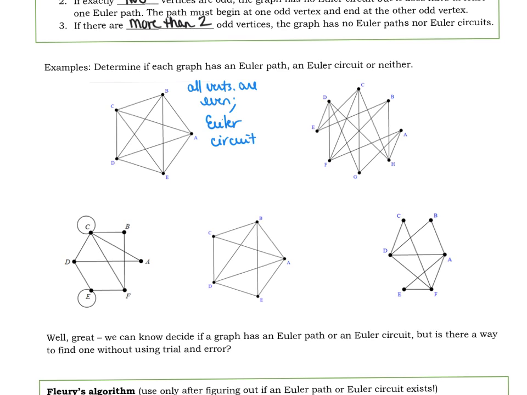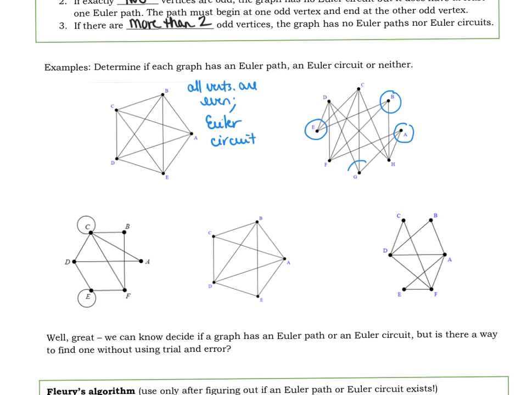I didn't. Looking at the next graph, starting at vertex A, there's a vertex that's odd. B is also odd, so we're in the running here for an Euler path. Vertex C has degree 4, vertex D has degree 4, vertex E, there's a problem, degree 3.